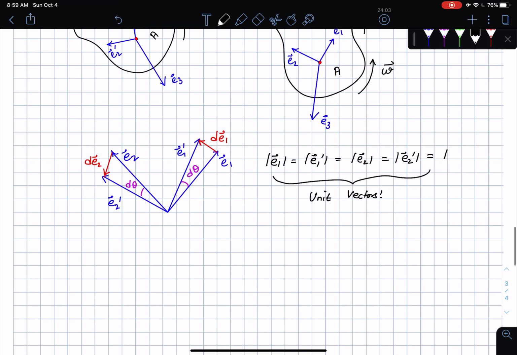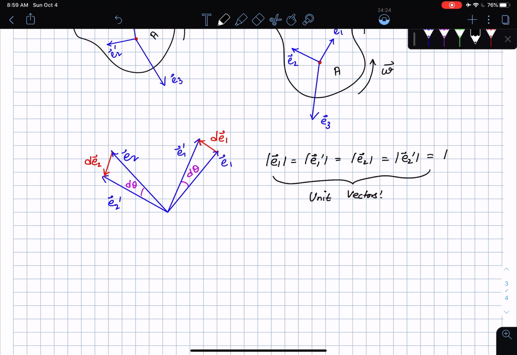Okay, and then it can also be very easily seen that if I look at dE1 by dt, look at the direction of dE1. We can prove, as we have done in a normal tangential coordinate frame, I'm not going to do that here, that this is in the direction of E2. Okay, so maybe let me write that down first.